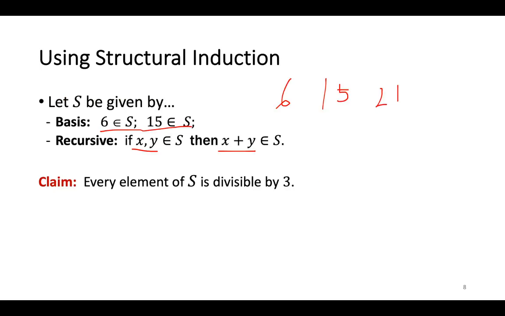So we can define a set using this rule with basis and recursive steps. We can make 21 using 6 and 15 with this rule, and this will be kind of multiples of 3, so we can prove that every element of S is divisible by 3.